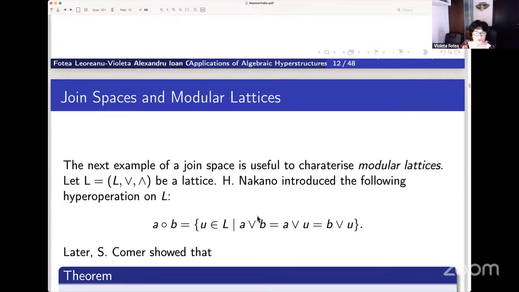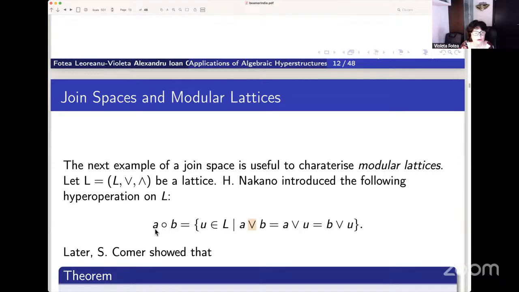Another situation, we can consider a modular lattice, and a Japanese mathematician, Nakano, studied this hyperoperation. It is not necessary to be a lattice. To start with, we can take a semilattice and have, for instance, only join, or dually, we can consider the meet.